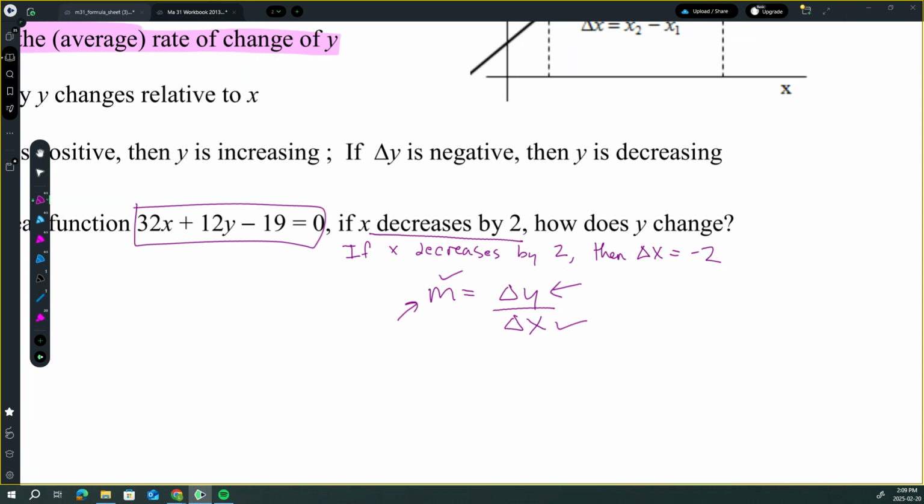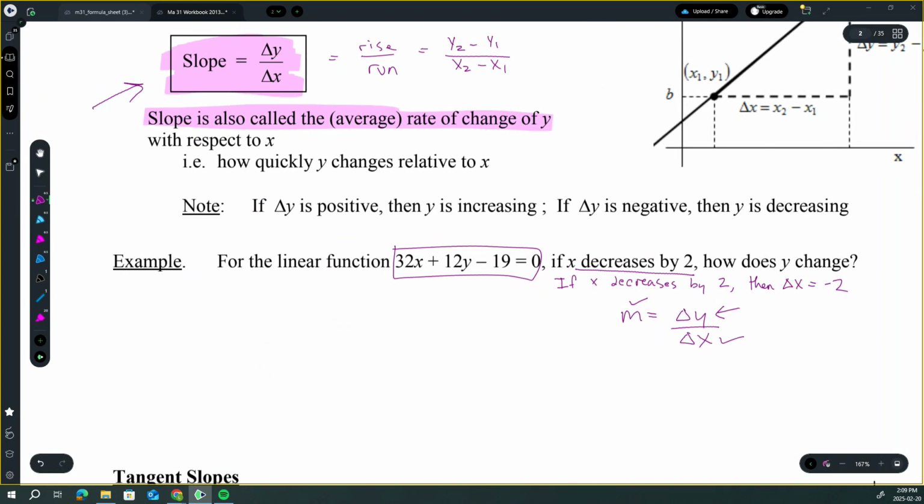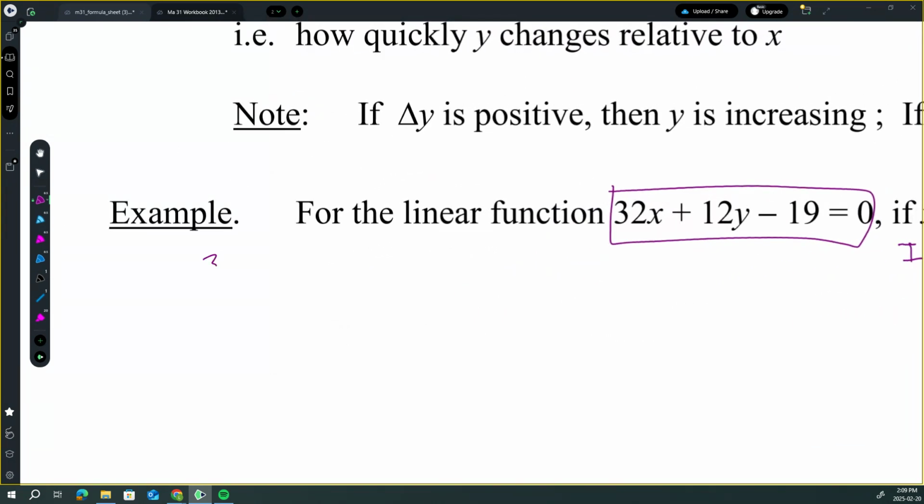But right now, since we already have change in x, we just need to find slope first from the equation given. Hopefully that describes my game plan before I really get into it. So 32x plus 12y minus 19 is equal to 0.